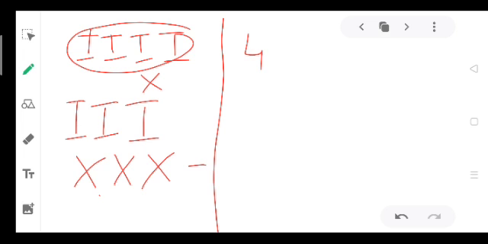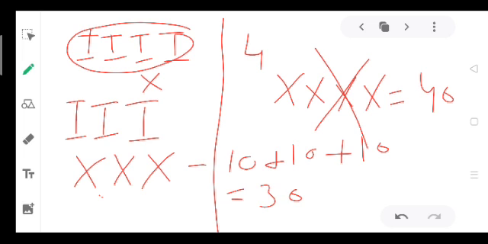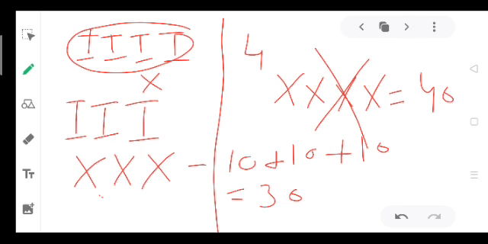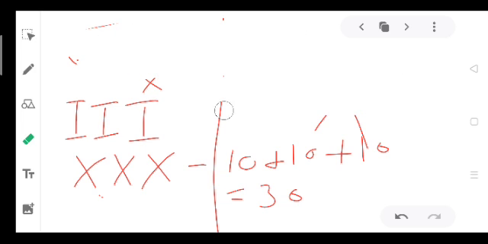X means 10, so 10 plus 10 plus 10 is 30. But if we have to write 40, we can't write 4 times X. Then you will ask, ma'am, which symbol will we use for 50? I will clear that for you after a few minutes.